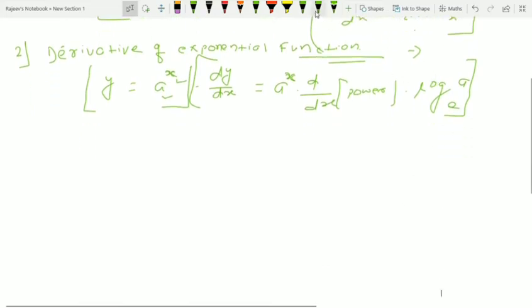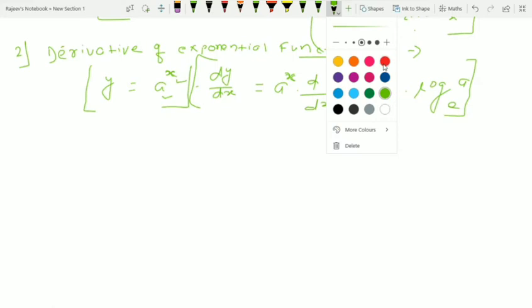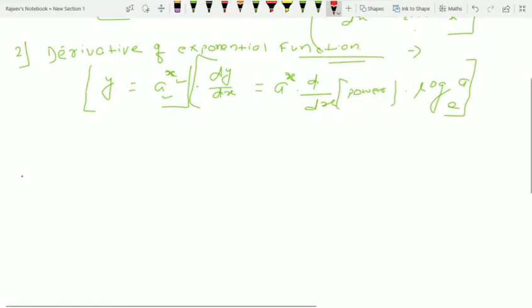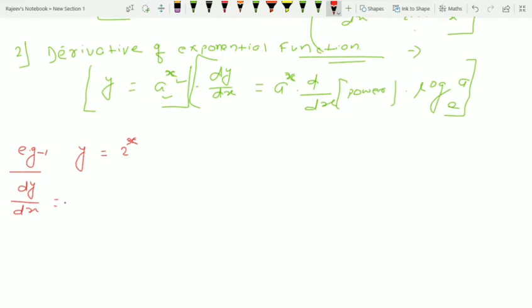So I'm going to take one example here. Suppose this is example first. You have y is equal to 2 raised to power x. So how can we calculate dy by dx? This is a function of x in exponential form, so it is an exponential function.